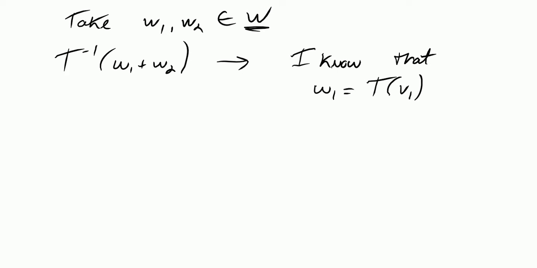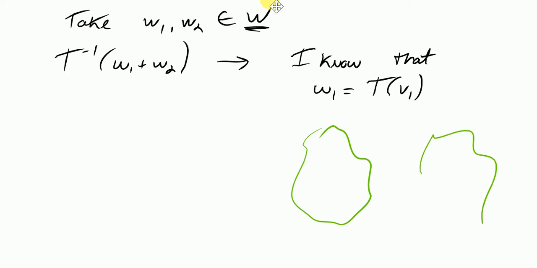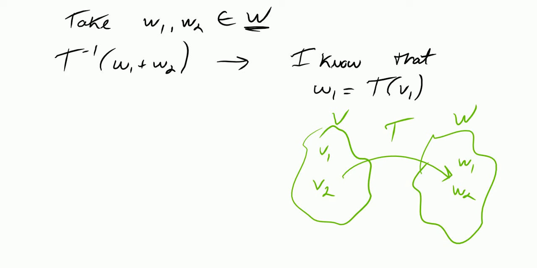And so from here, I know that W1 is actually equal to T V1, right? Because if you picture this sort of in terms of vector spaces, so let me create two vector spaces. This is T, it's mapping V to W. So I have W1 and W2 here, and I have V1 and V2 here.